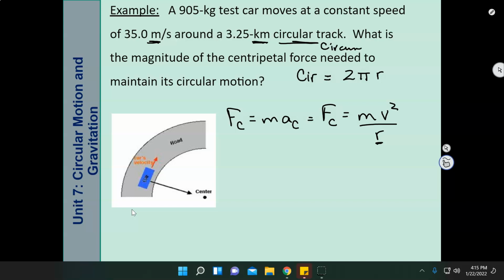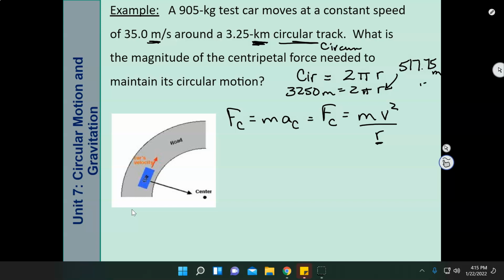So first you have to convert your kilometers into meters, and so that would be 3,250 meters equals 2 pi times r. I got r being about 517.75 meters.